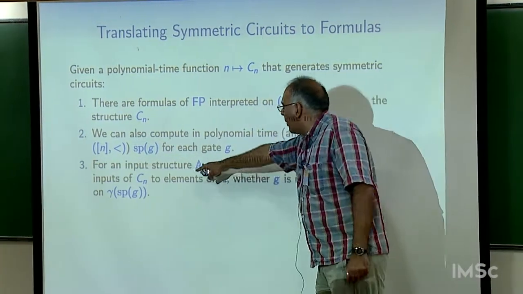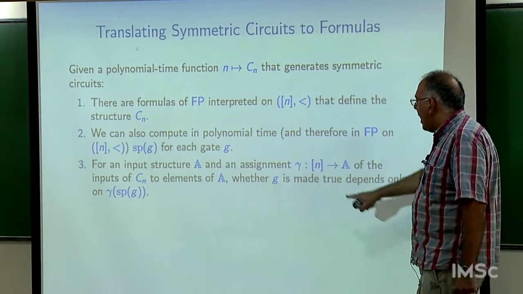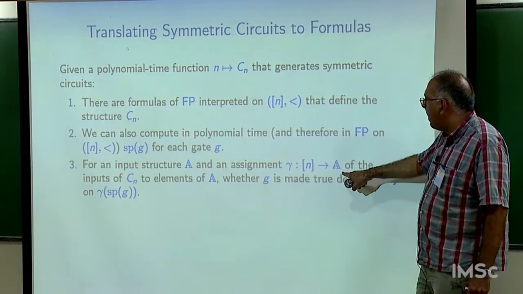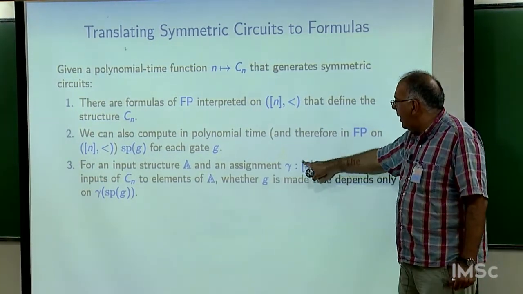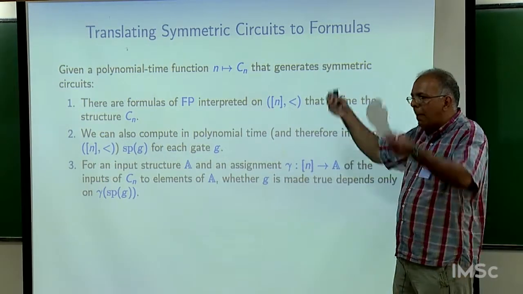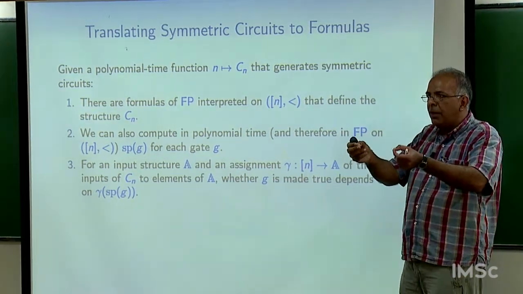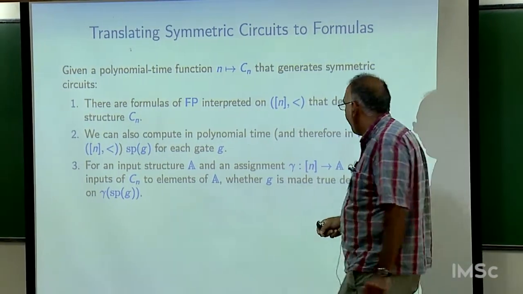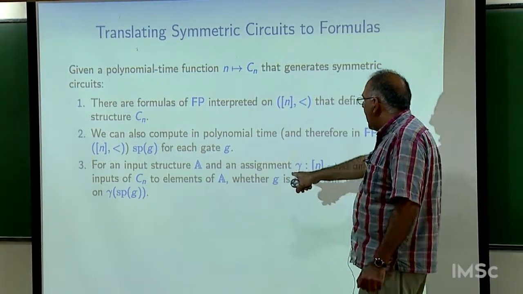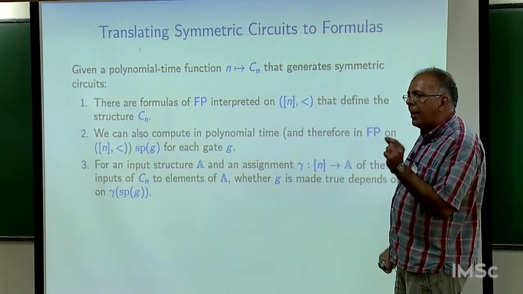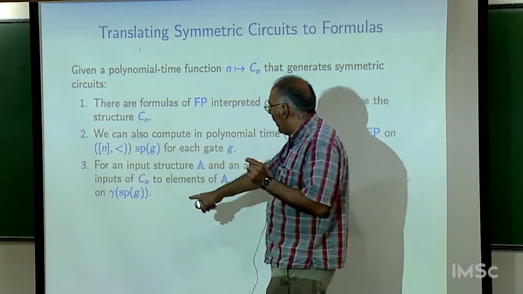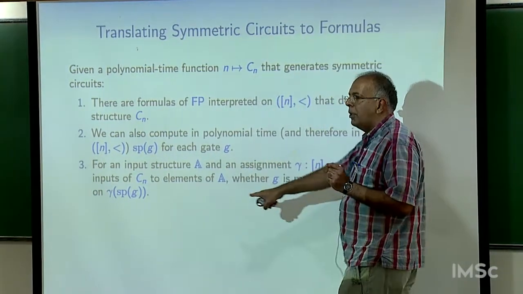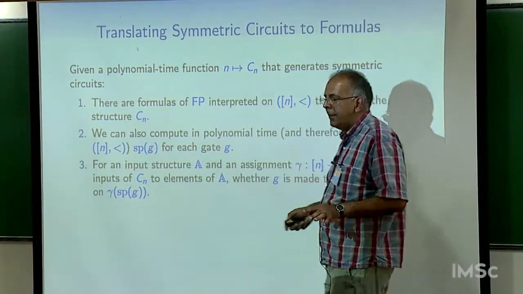Now, you're given an input structure A, say a graph. Say you have a mapping of the structure onto the inputs of your circuit. Then whether a particular gate evaluates to true or false depends only on what this assignment does on the support of G and on nothing else.